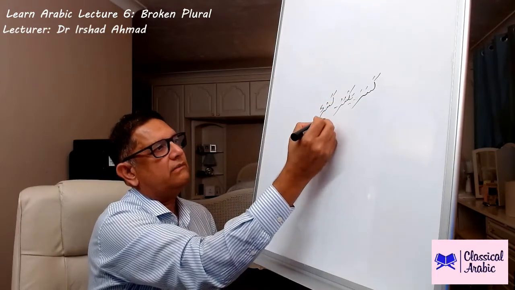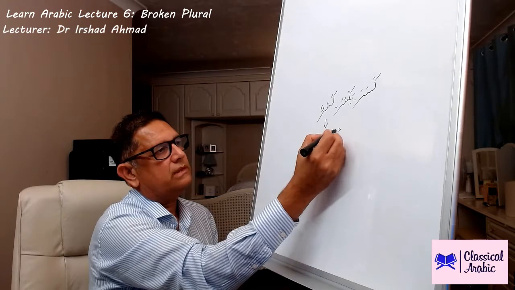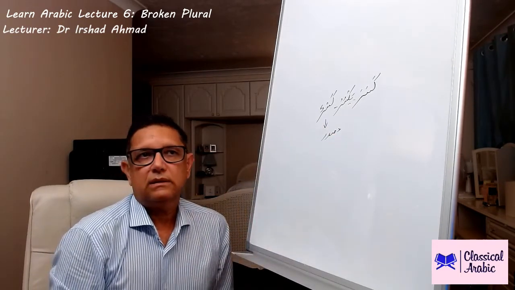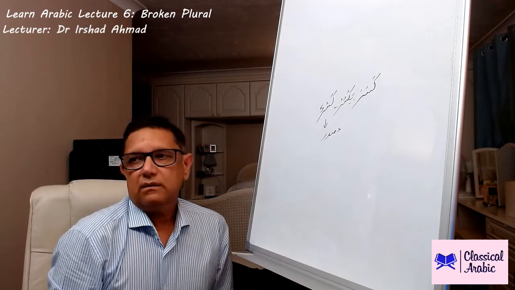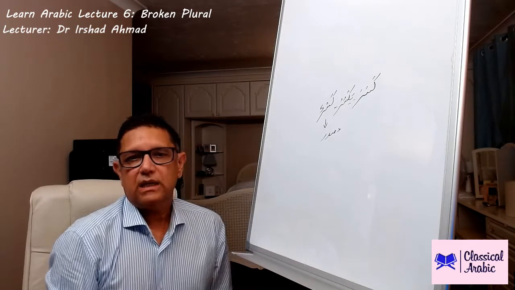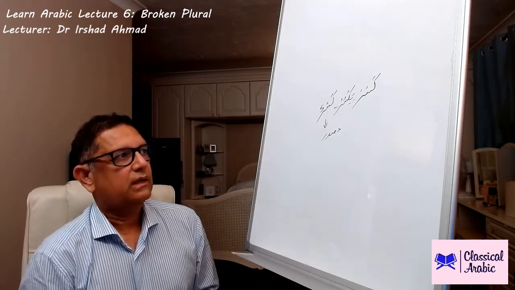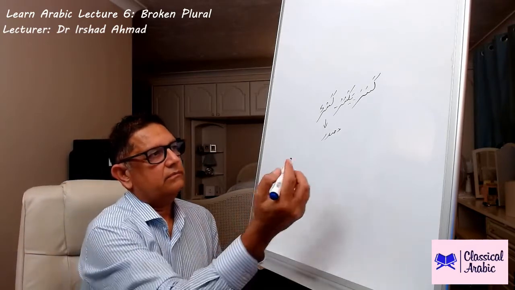And this is something which we talked about quite a while ago. It's called masdar. Masdar is basically the action which is contained in a verb. So it's the name of the action of the verb, and in English we translate it in different ways.